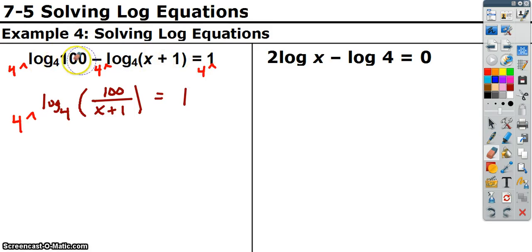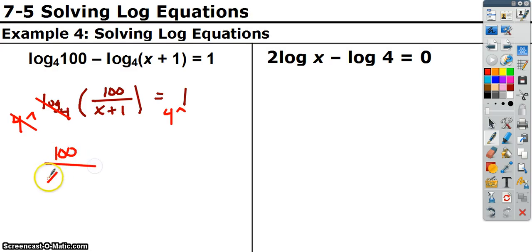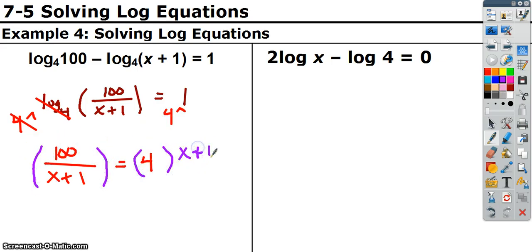Make sure that you combine the two logs together first and then go through and raise both sides to a power. This side gets raised to 4 to the power, so these cancel. 100 over x plus 1 equals 4 to the 1, which is 4. I've got a fraction, so I probably want to multiply by the denominator to get rid of that.